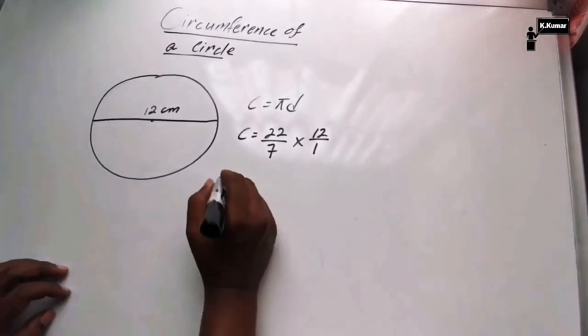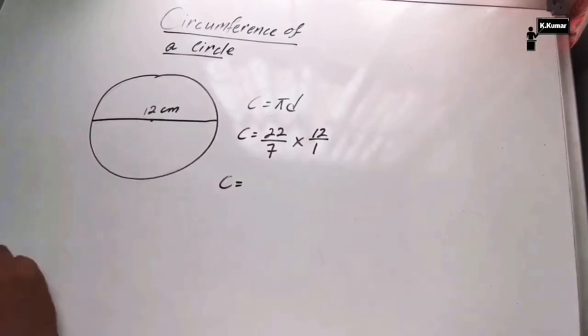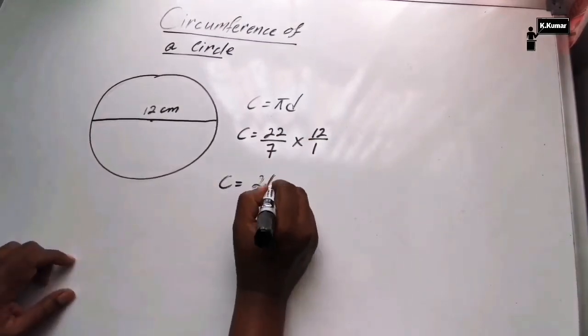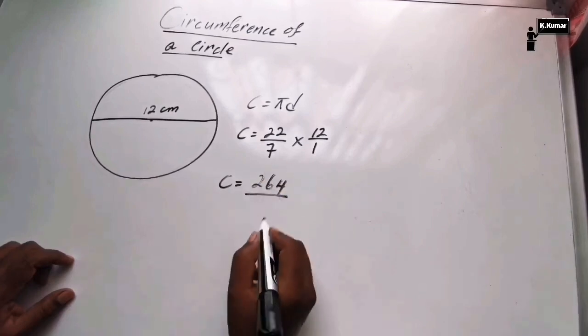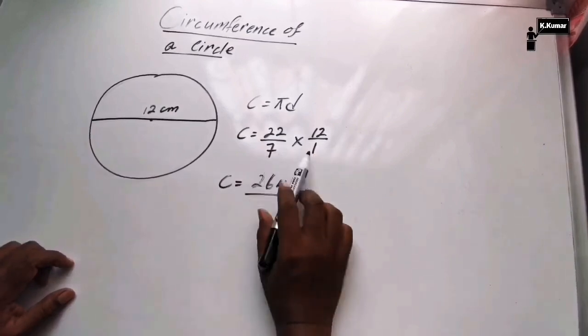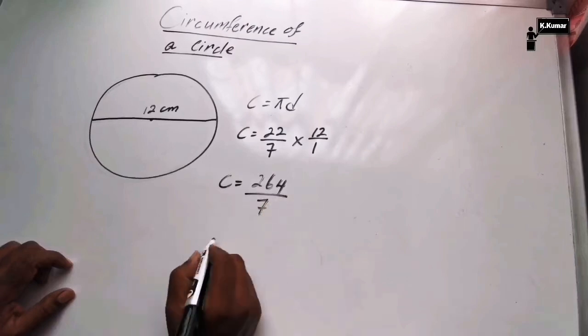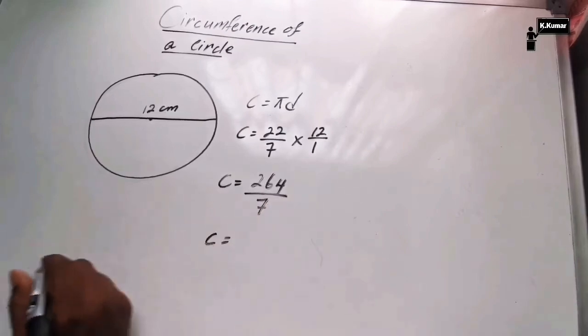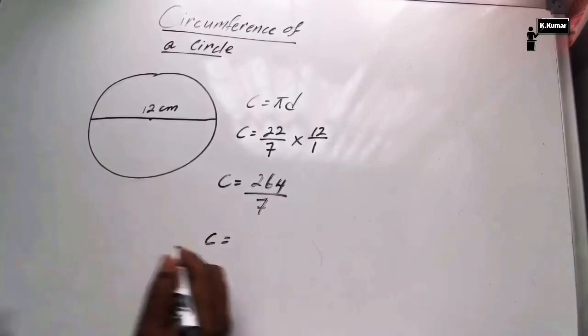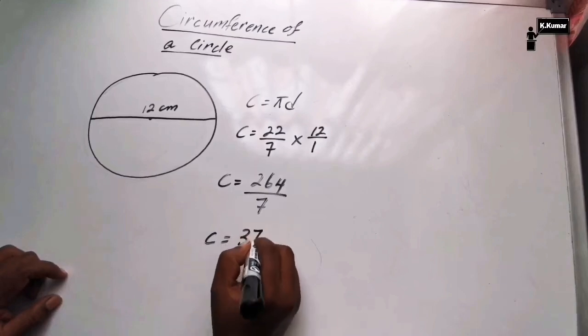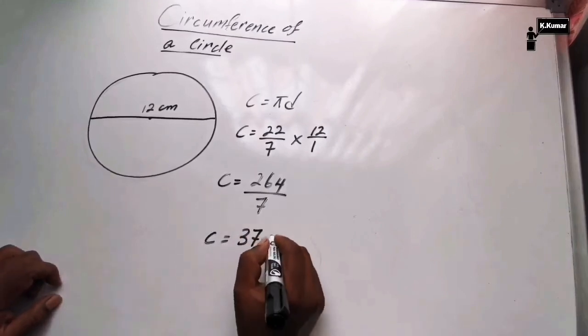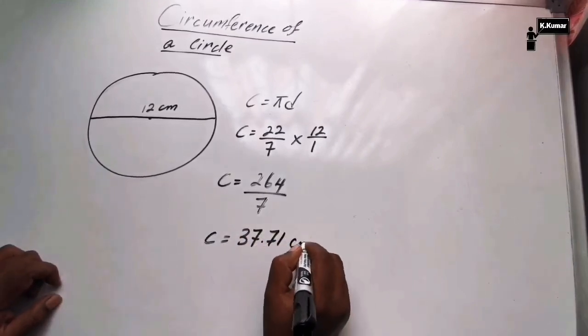So C equals, we multiply our numerators, and that will give me 264. And then we multiply our denominators. 7 times 1 is 7. And then we divide. So my answer would be 37.71 cm.